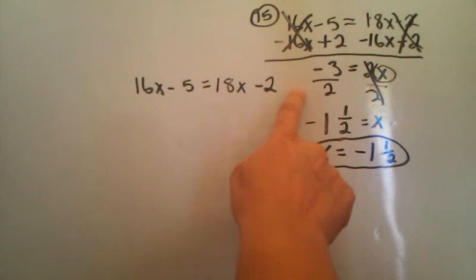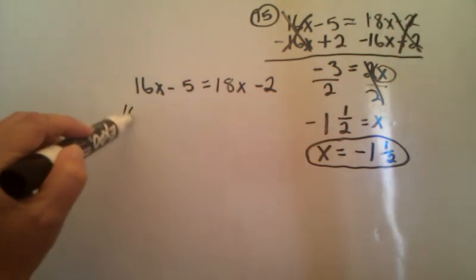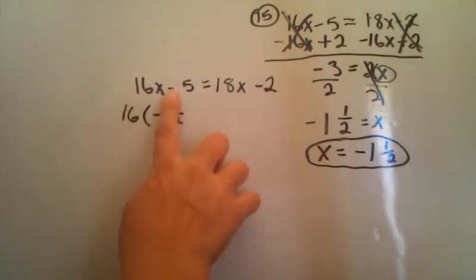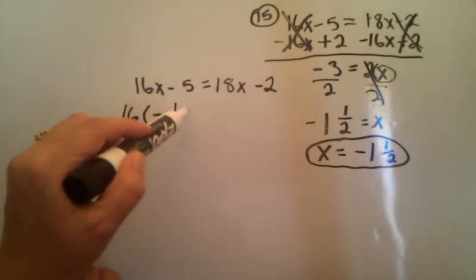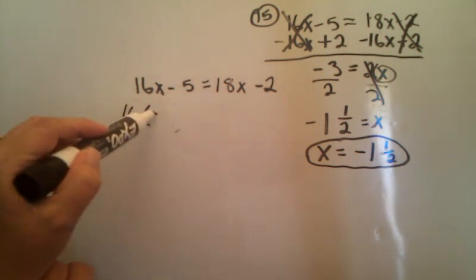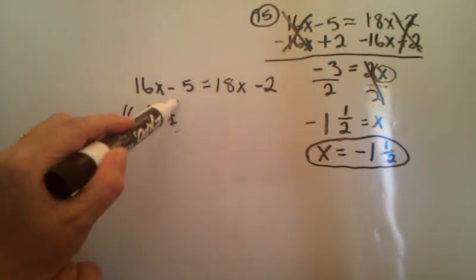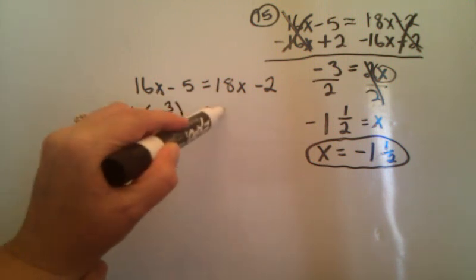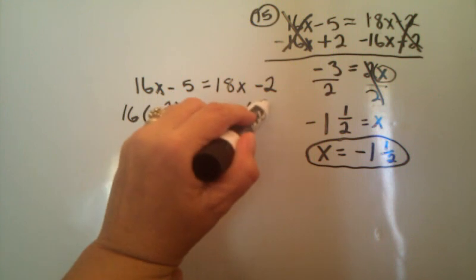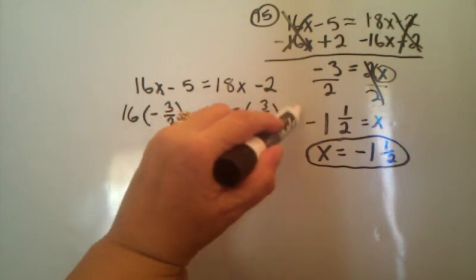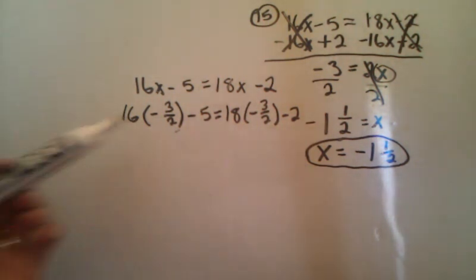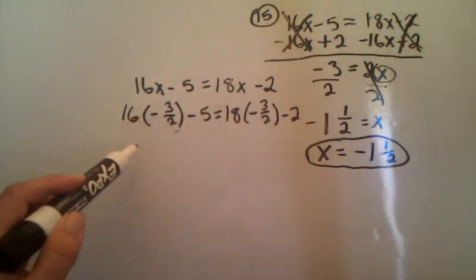I'm going to put negative 3 over 2 where the x is. Oh, sorry. Negative 3 over 2 minus 5 equals 18 times negative 3 over 2 minus 2. And then let's multiply first. Okay, a negative times a positive is a negative.